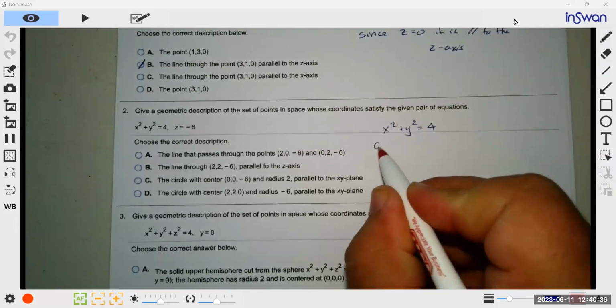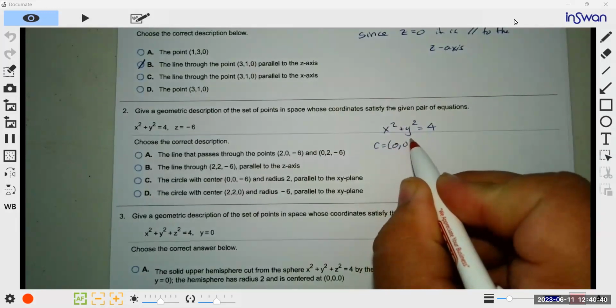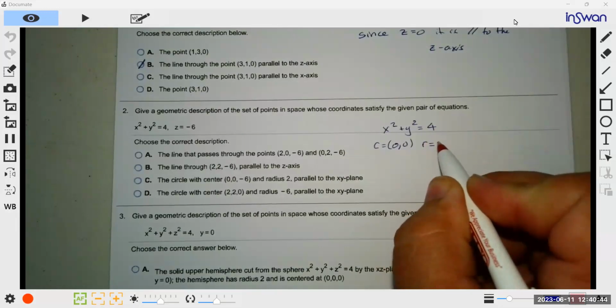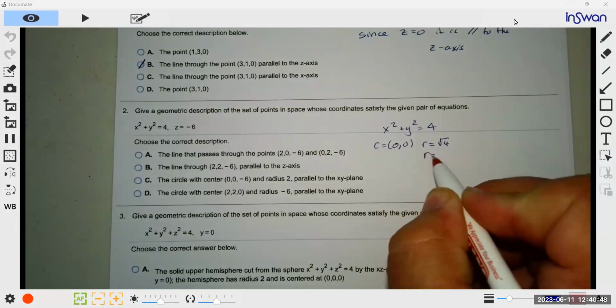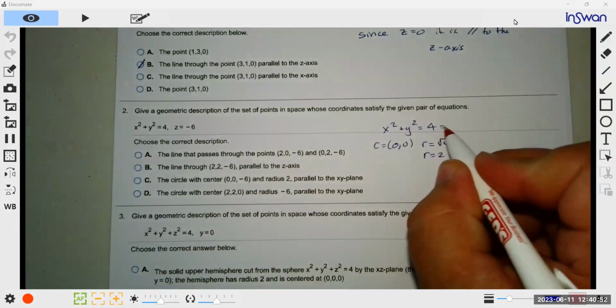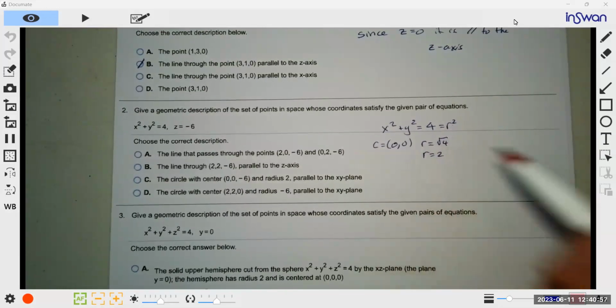This is a circle with center at 0, 0, and the radius is the square root of that, the radius is 2. Remember, the equation is supposed to equal r squared. So since 4 is r squared, to get r, we square root both sides.